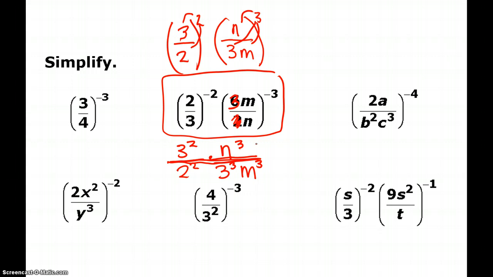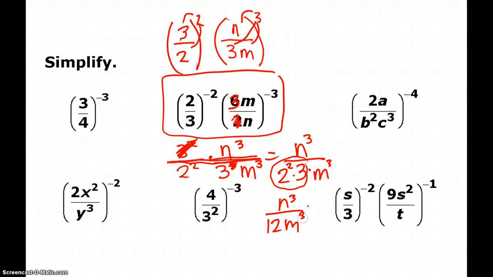And I can do a little bit of simplifying, because I have 2 3's on top, which are going to cancel with these down here, and I'll just be left with 1. So I would have n cubed over 2 squared times 3 times m cubed. And I really should probably squeeze those together too. So 4 times 3 would just be 12. So n cubed over 12 m cubed.